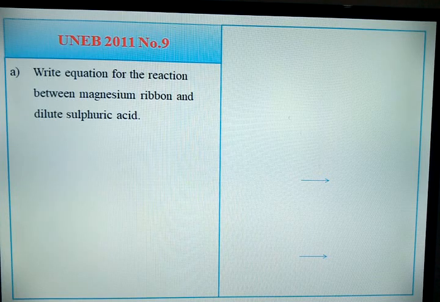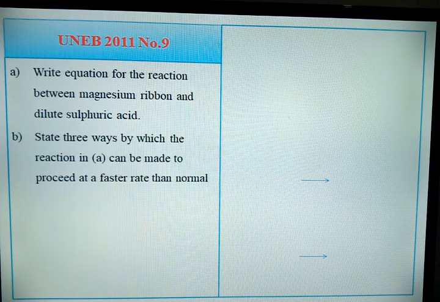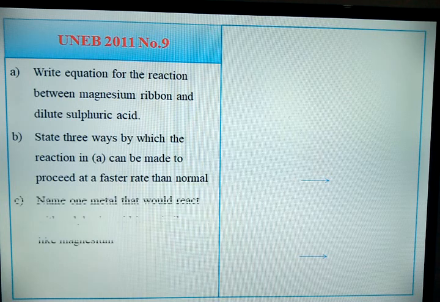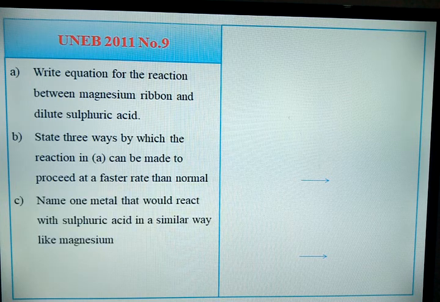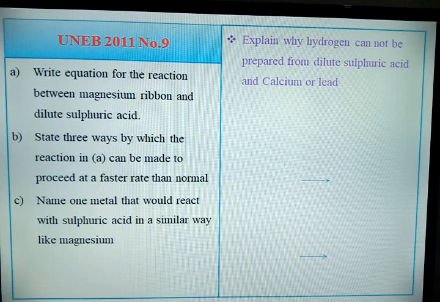In 2011, you're going to find a question in 2B: write equation for the reaction between magnesium ribbon and dilute sulfuric acid. How can the reaction be made faster? That is how preparation of hydrogen can be increased. Name one metal that would react with sulfuric acid in a similar way like magnesium. If I don't use magnesium, which other metal can I use to prepare hydrogen?